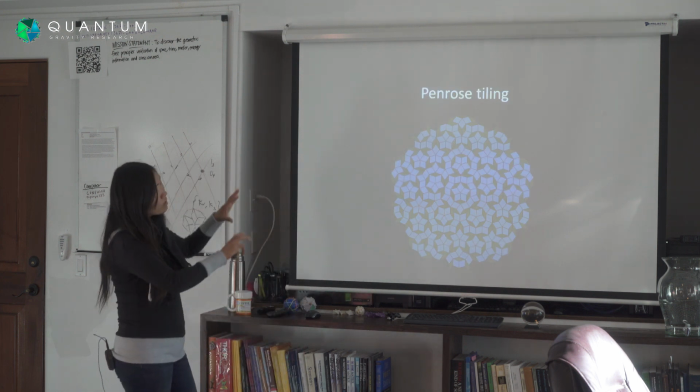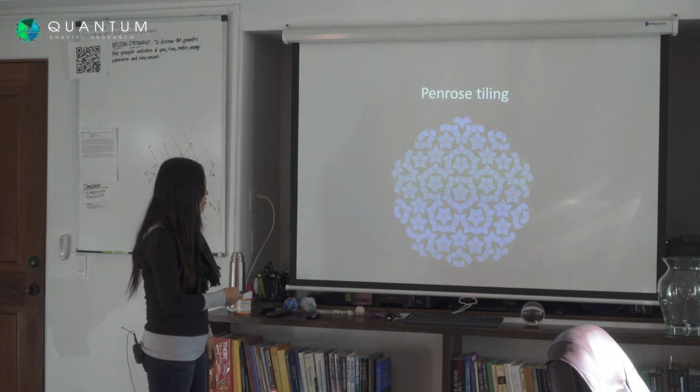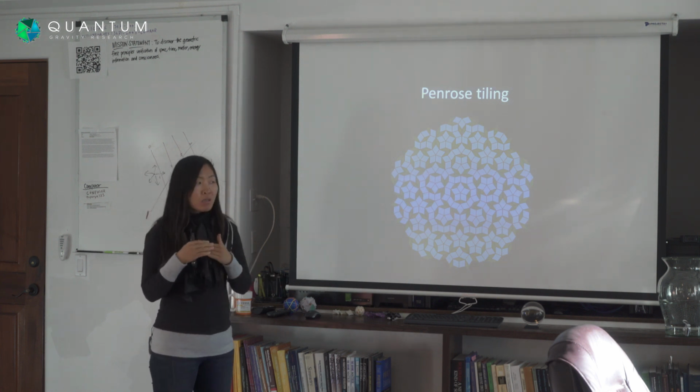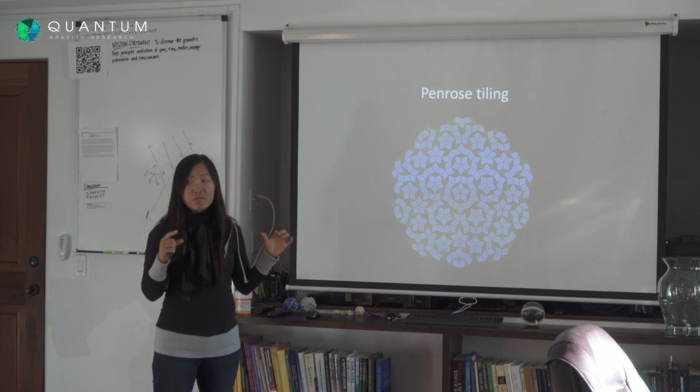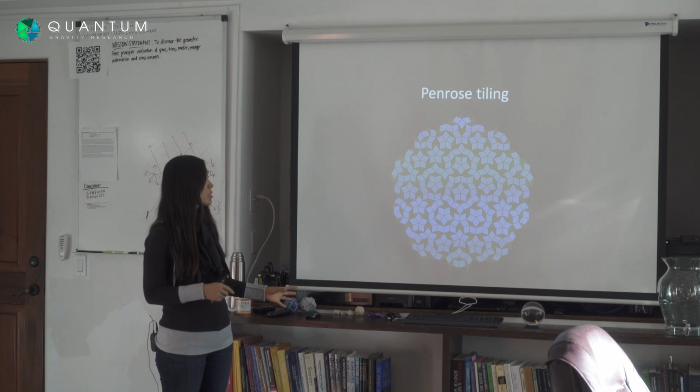All right. So this is a patch of Penrose Tiling, and we know already that we can do the cut and project from Z5 and get the Penrose Tiling, or we can use the pentagrids to get the Penrose Tiling.